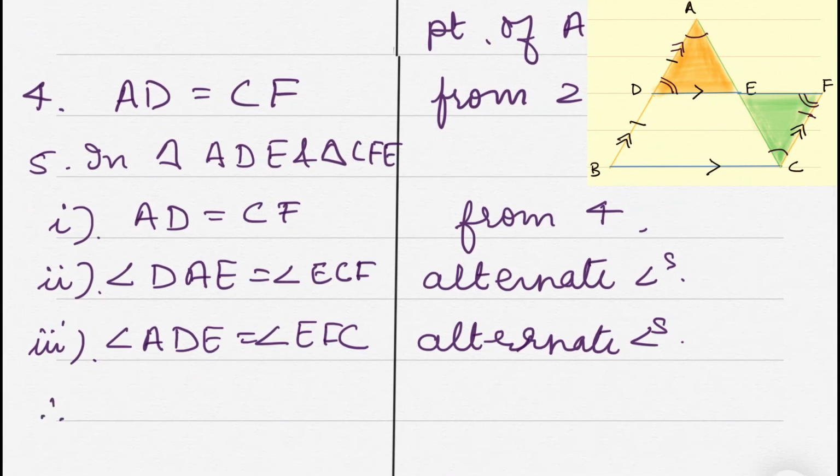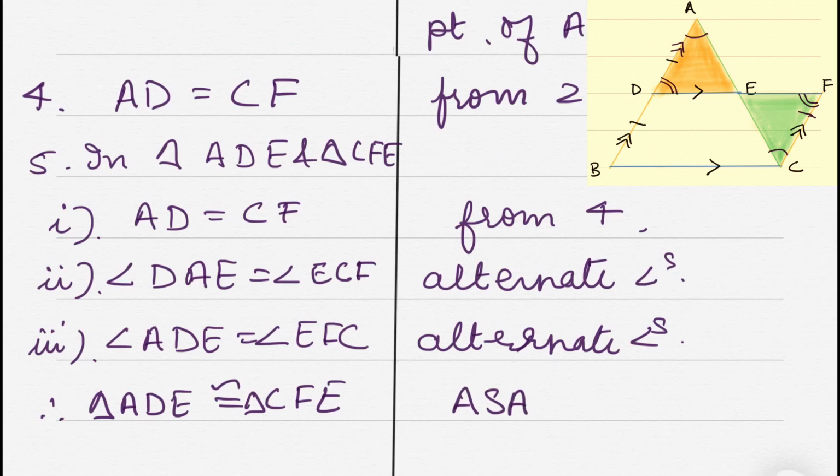So therefore triangle ADE is congruent to triangle CFE. Okay, why? What property? ASA, property of congruence of triangles.